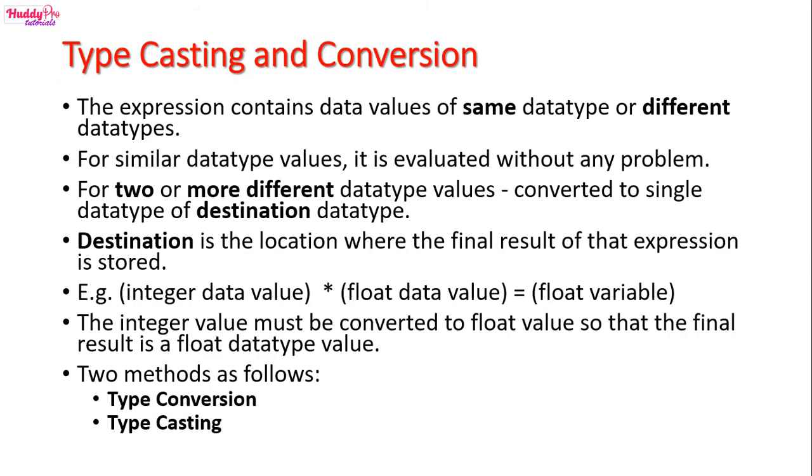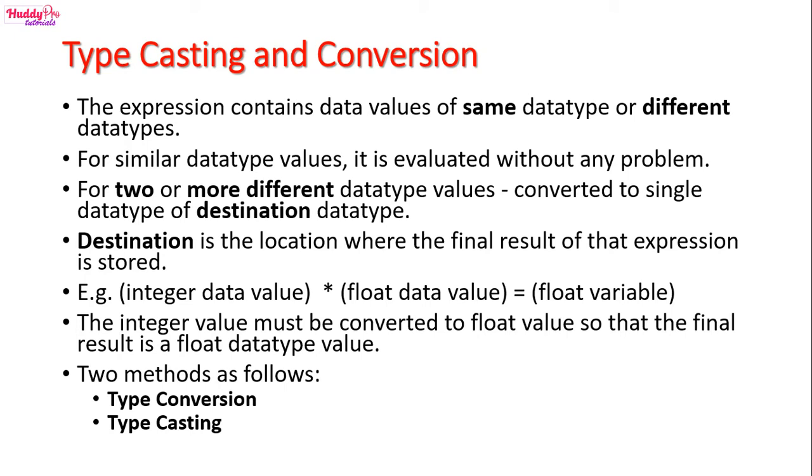Let's talk about type casting and conversion. Now, C expressions can contain data values of the same data type or different data types. When the expression contains similar data type values, then it is evaluated without any problem. But if an expression contains 2 or more different data types, then they must be converted to a single data type, the destination data type.